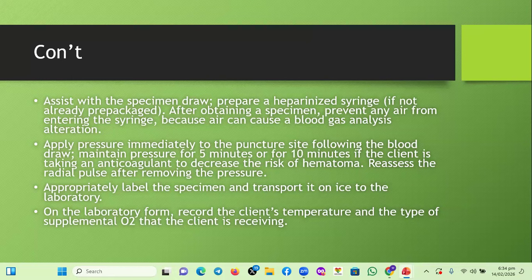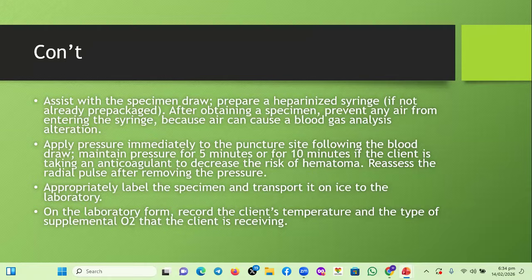After obtaining a specimen, prevent any air from entering the syringe, because air can cause a change in the results. You don't want any air from the outside to get into the syringe. That could affect the results.